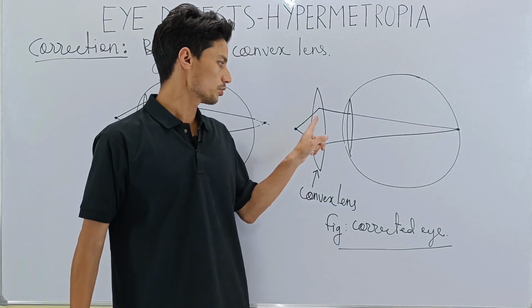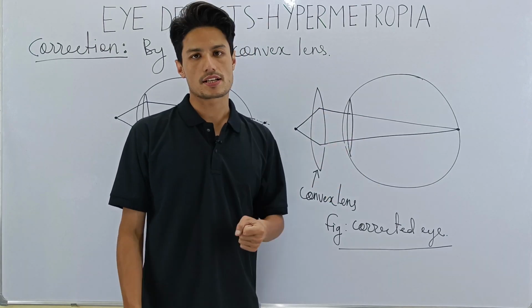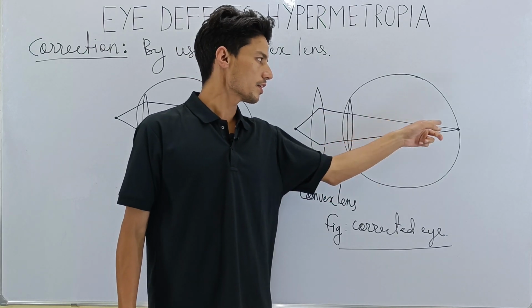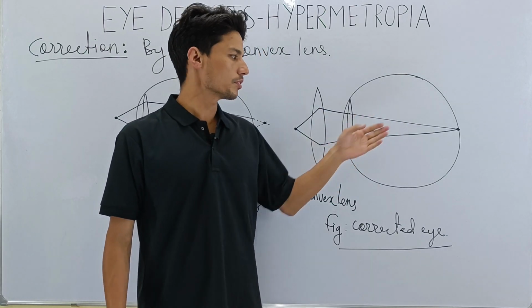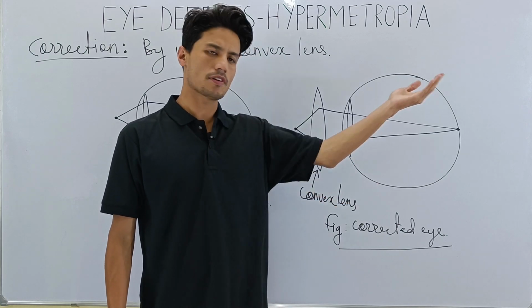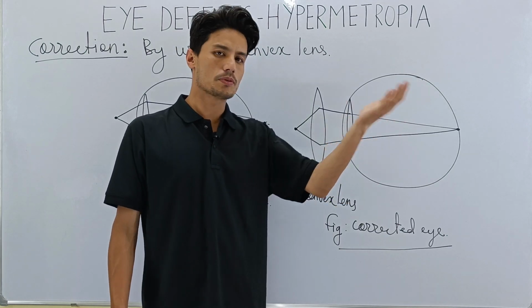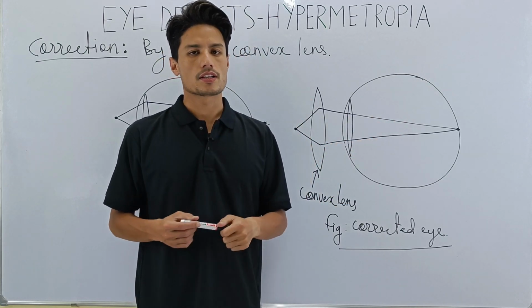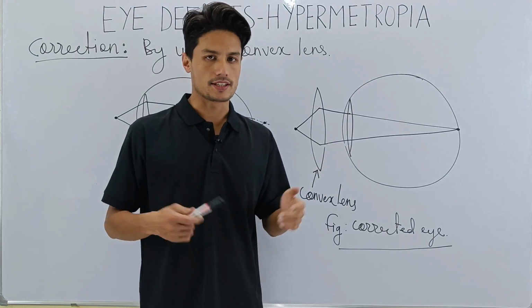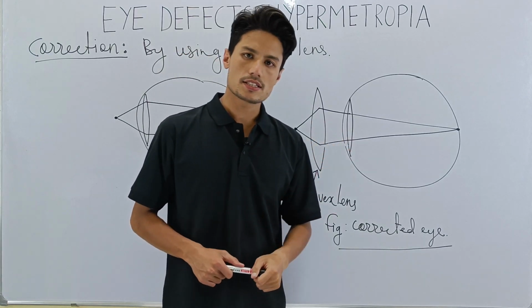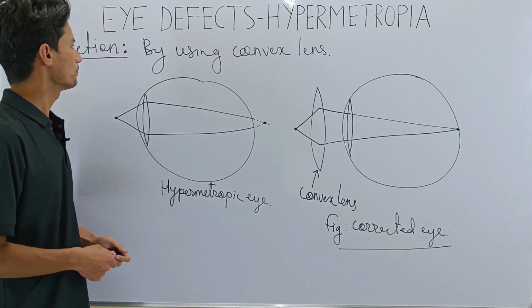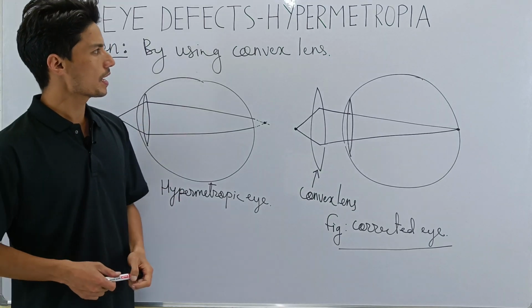So the doctor will let you wear a convex lens, and with the convex lens you'll be able to see now. Well, you had no problem seeing far from before. Now with this, you'll be able to see nearby stuff better again. So this is it, class. This is the topic hypermetropia.